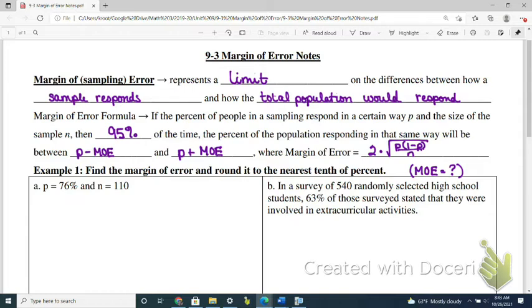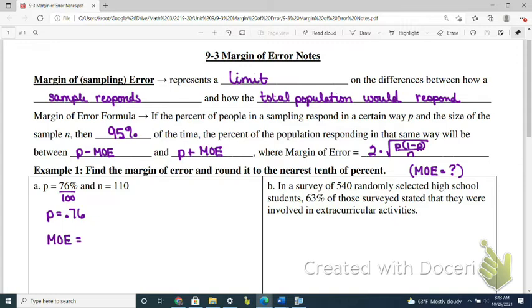So if you're not sure, remember it's move the decimal 2 places to the left, or simply divide by 100. If I divide by 100, my P is 0.76.